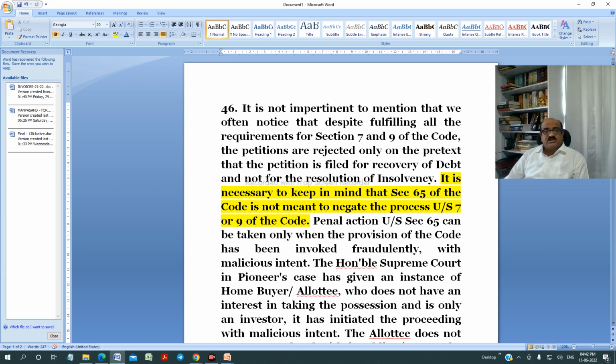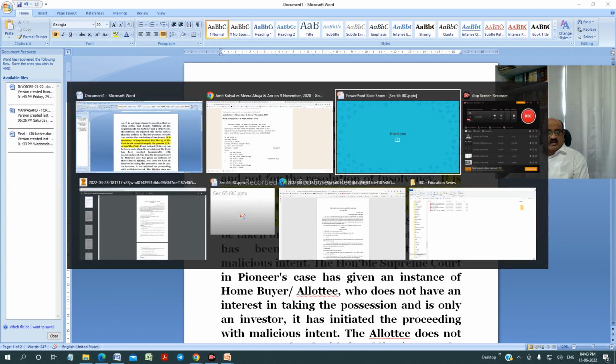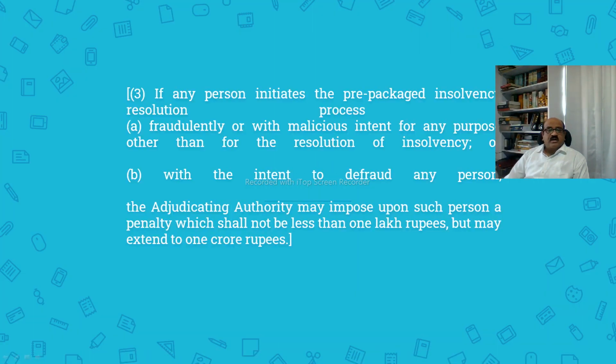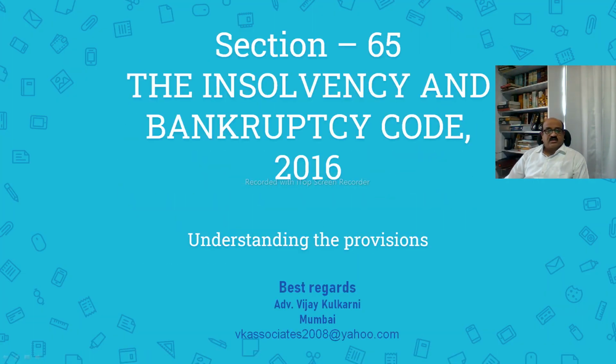If you are not intending to resolve the matter, if you are not intending to ensure the company goes into liquidation and your purpose is something else, then section 65 cannot be used merely for the purpose of ensuring the dismissal of the section 7 petition. So here I just made an attempt to take this particular audience through section 65 and related case law.